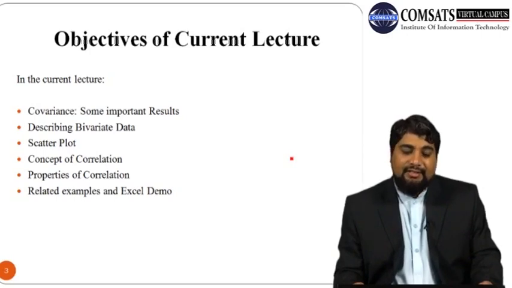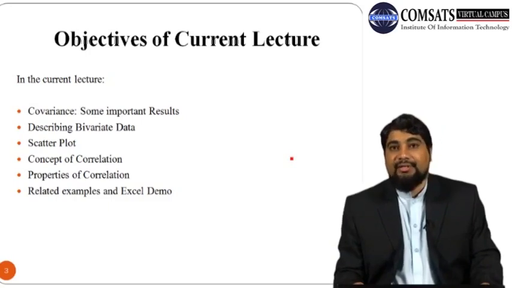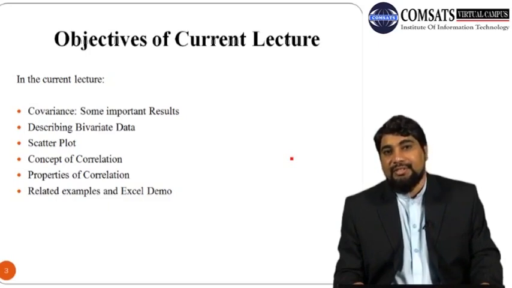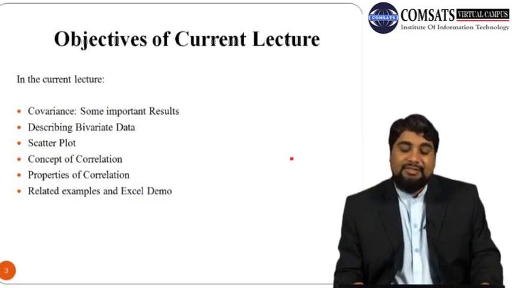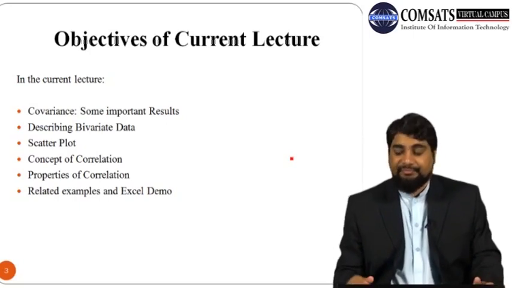And then in the later half of this lecture we will explain how we can describe the bivariate data set, and in particular we will discuss some methods including scatter plot, and then the concept of correlation, and then we will also discuss some of the properties of the correlations, and we will also discuss the related examples of all these concepts, and we will try to do the Excel demo of calculating correlation coefficient. So let's start.